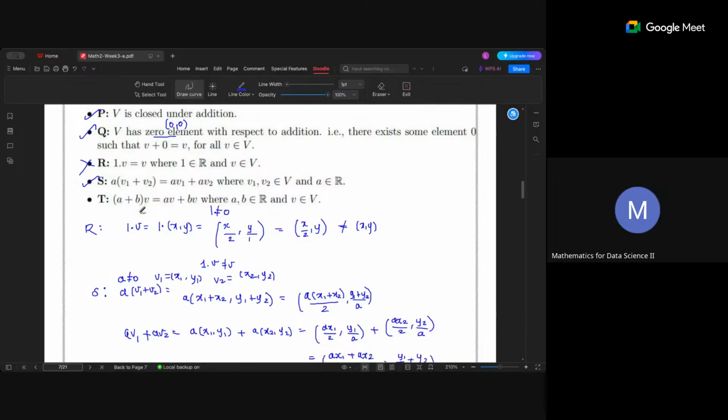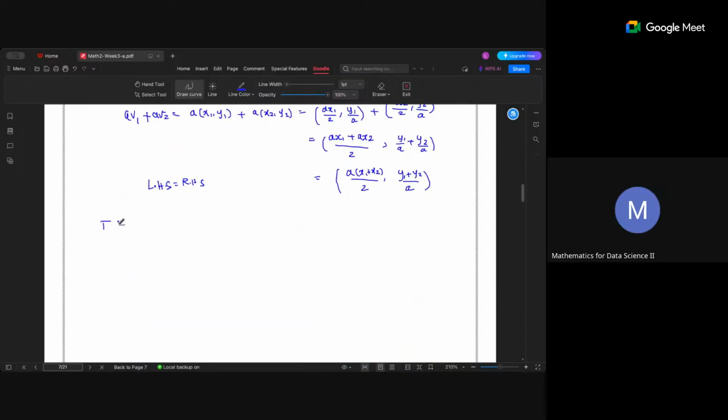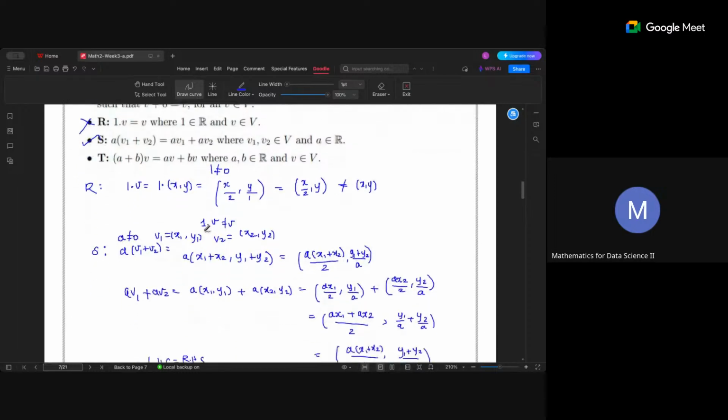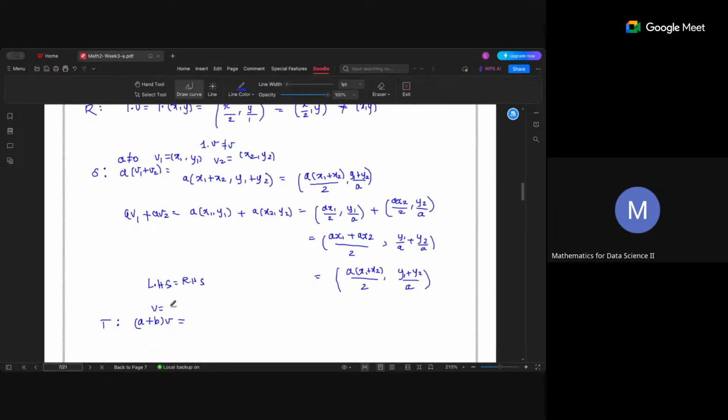What about T? Your T says that (a plus b) times of v is equal to av plus bv, right? So let v be (x, y). Now what is (a plus b)v? It should be (a plus b) times of (x by 2, y by a plus b).